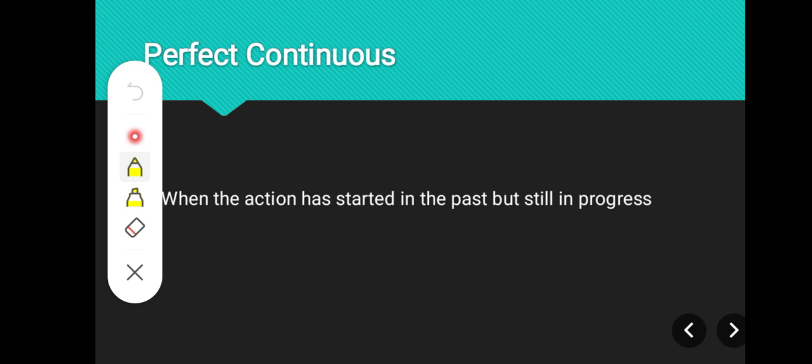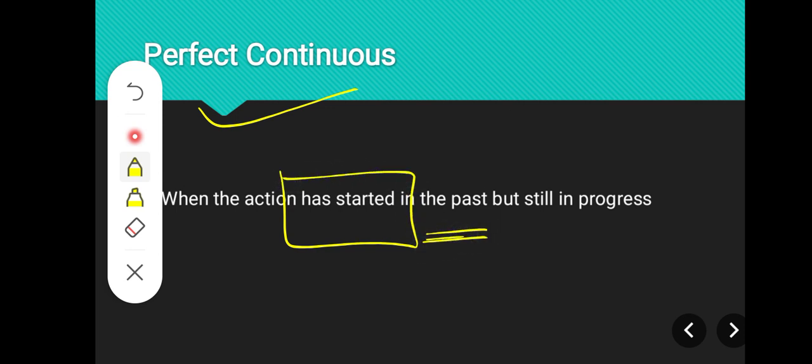Next we have perfect continuous tense. When the action has started in the past, but it's still in progress, that type of tense is called perfect continuous tense.